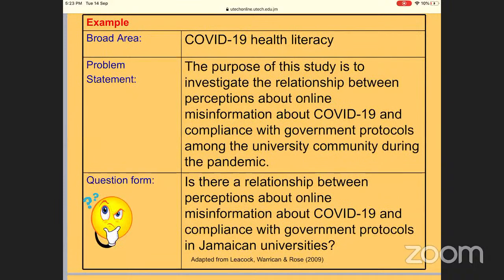Here's two sentences. I'm just going to do it on the fly. Online misinformation. What do I want to say about this? Online misinformation is prevalent on social media and other online platforms since the pandemic. And then I can have whole references, citations.